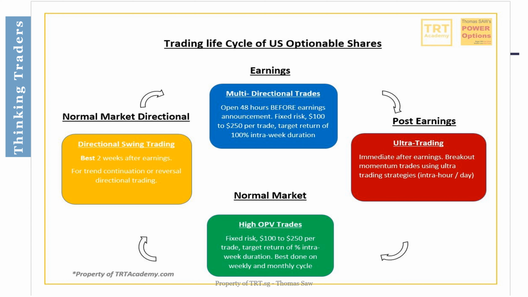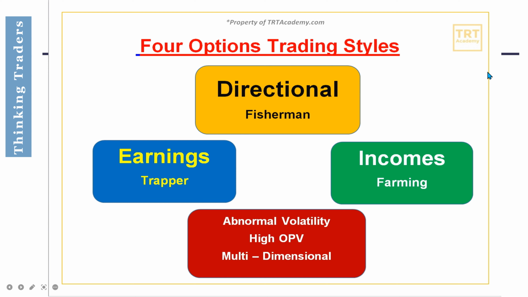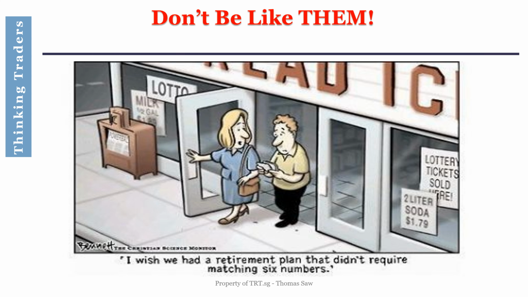So these are some of the trades available. This one is quite old, but I don't mind. Earnings, normal directional trades, normal income trades, post-earnings trades, etc. I won't talk too much about it. Any questions? This is not from Singapore, it's from America.